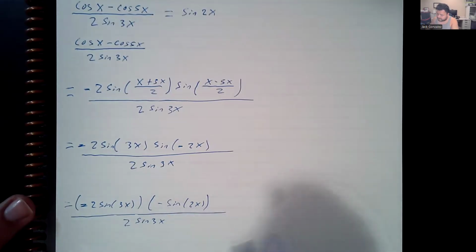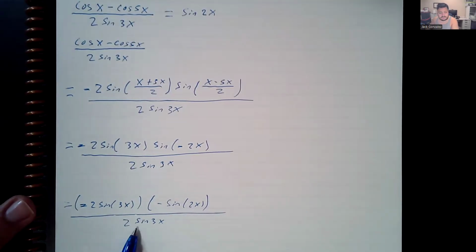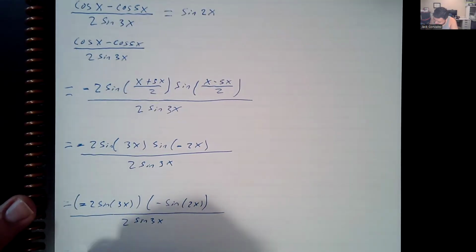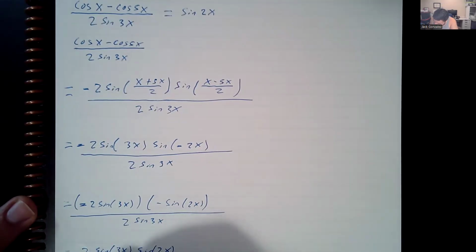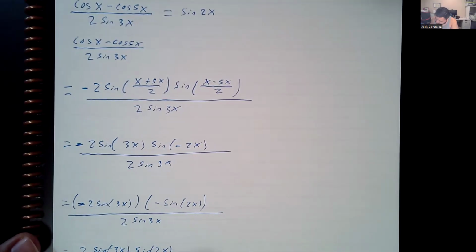So it becomes positive. Also, notice we get 2 sine 3x. So these will cancel in a minute, but let's make it positive. So it becomes 2 sine 3x sine 2x. Cancel, cancel. Now we're left with sine 2x.